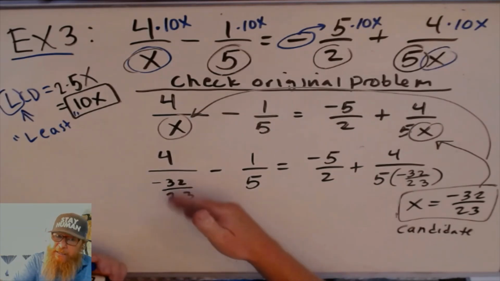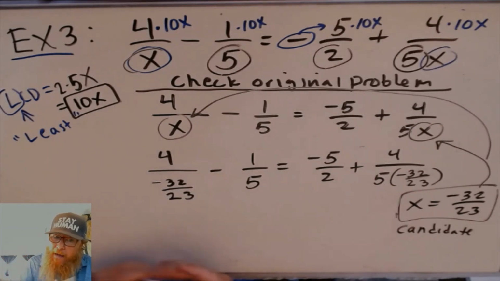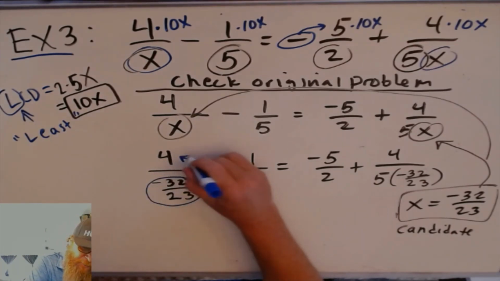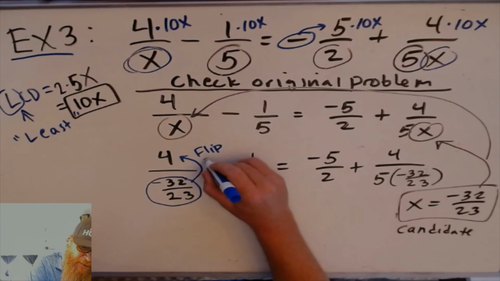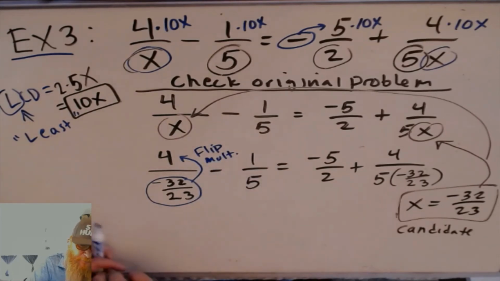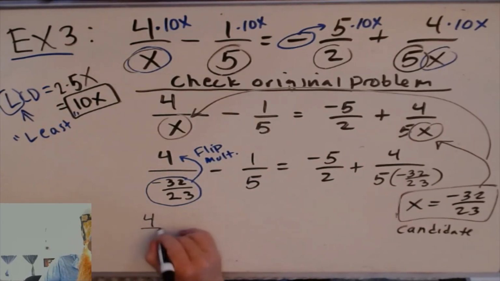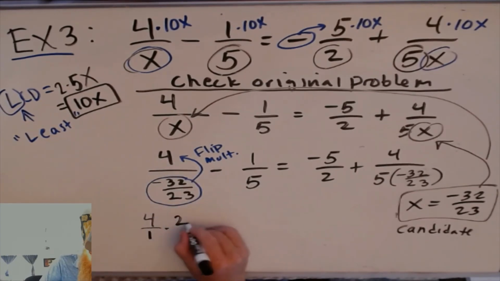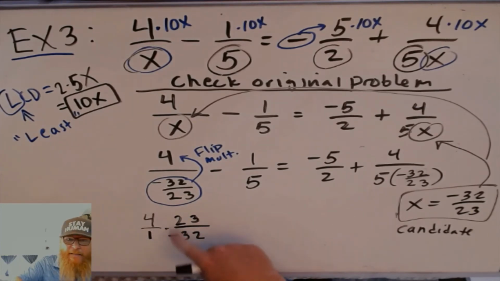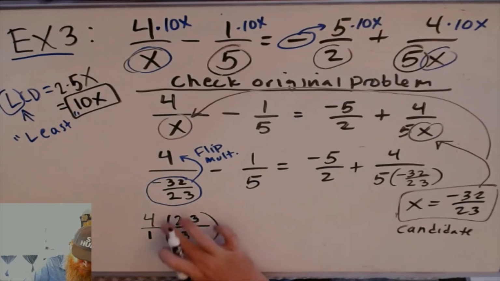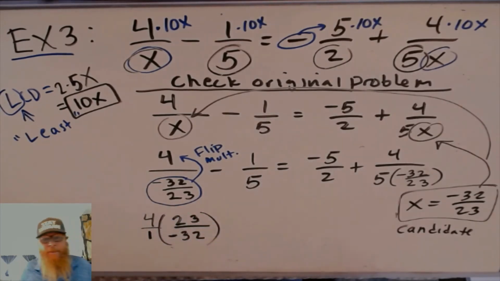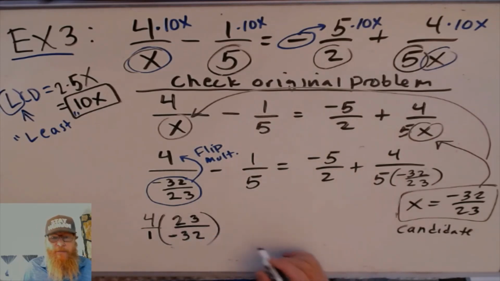So you need to think back, remember when you were 12 or 10 or whenever you learned how to do this: you take the denominator and you flip it and multiply. So you have 4 over 1, there's an invisible 1 there, times 23 over negative 32. And again, I don't really care where you put the negative. I'm going to use parentheses just to be safe. The negative could just as well be on top.